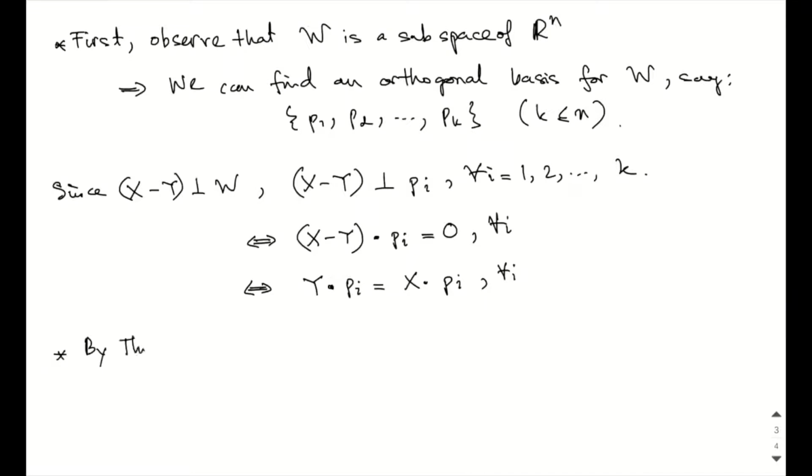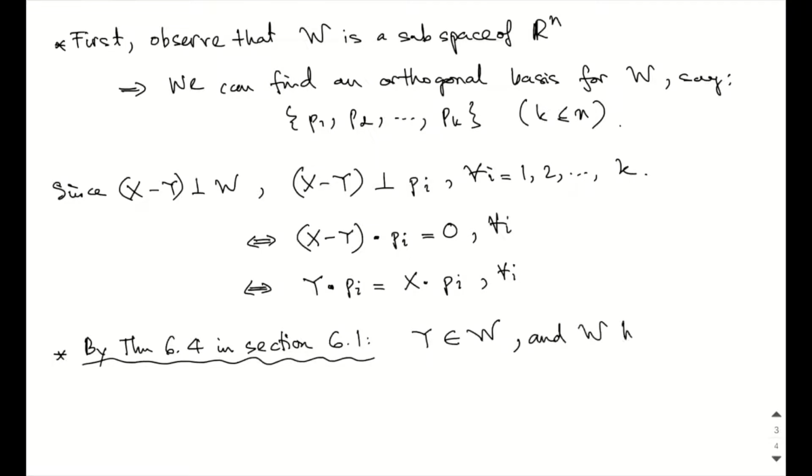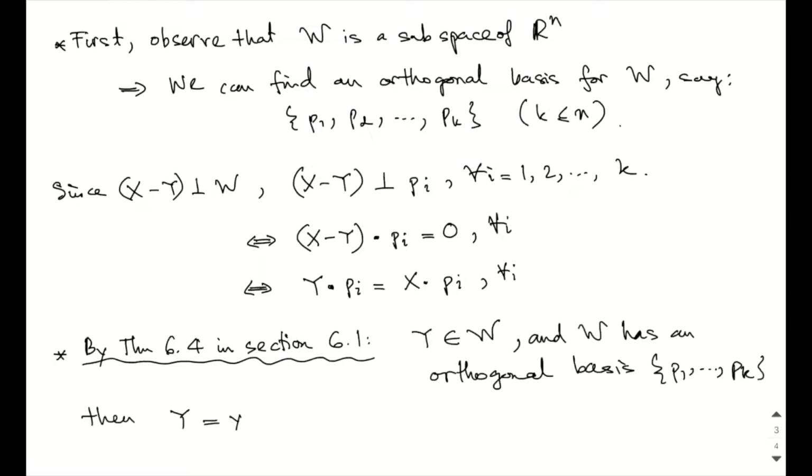By theorem 6.4, if y is in W and W has an orthogonal basis p1 through pk, then y can be expressed as y1 prime times p1 plus y2 prime times p2 plus up to yk prime times pk.